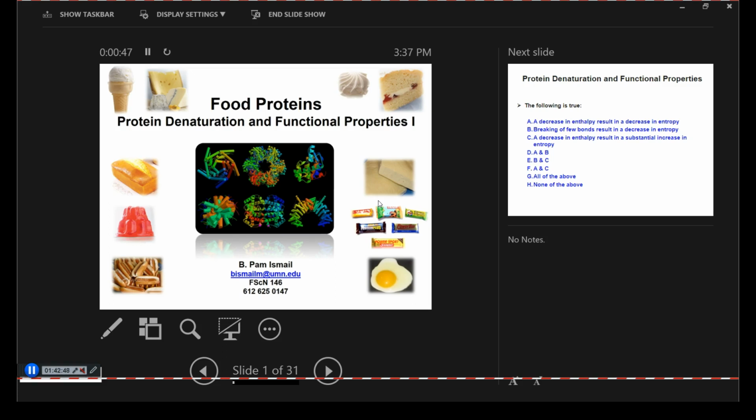And denaturation doesn't always have to be a negative thing. Sometimes it's desirable to denature the protein to impart some desirable functional contributions. Okay, so we are going to spend probably 2 lecture times talking about protein denaturation and functionality.